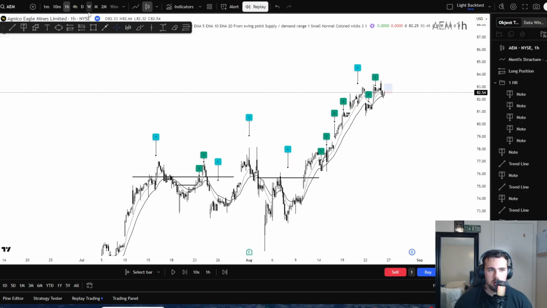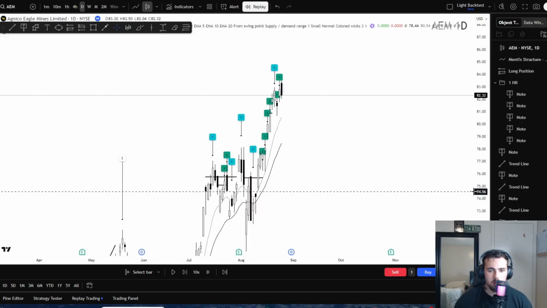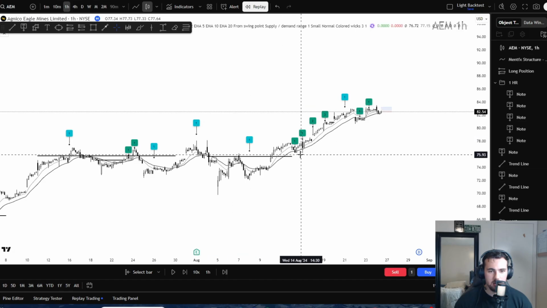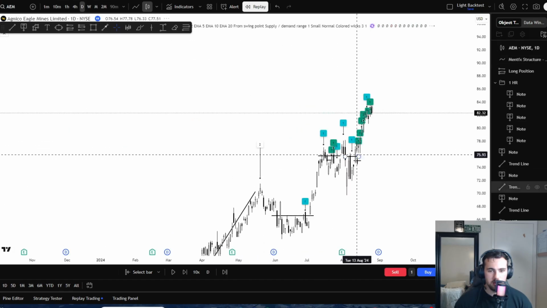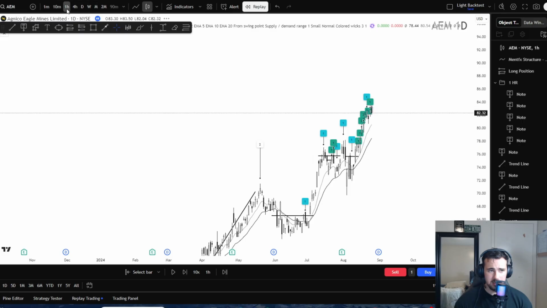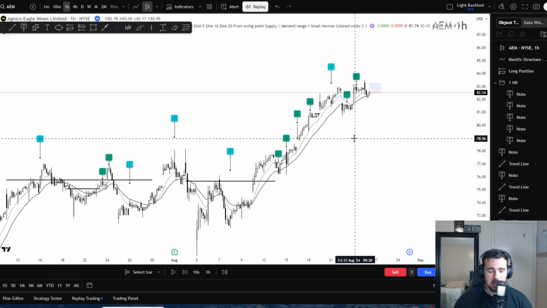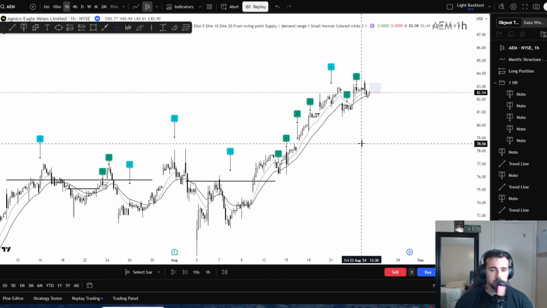You get that accumulation on the daily, a crazy move up, resets here, so that's this point on the daily. It resets, goes on a crazy run, and all I could do was watch it.